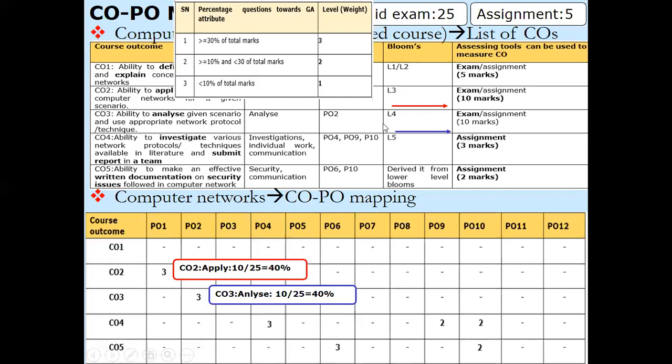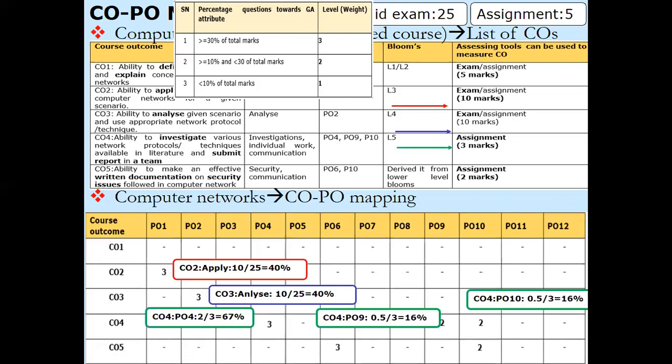Now here, for PO4 you are allocating 2 marks out of 3. So it is 67%, and the weightage should be 3. For PO9, teamwork, 0.5 divided by 3 is 16%.